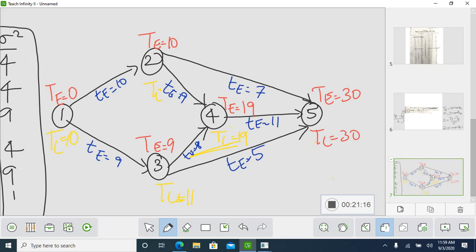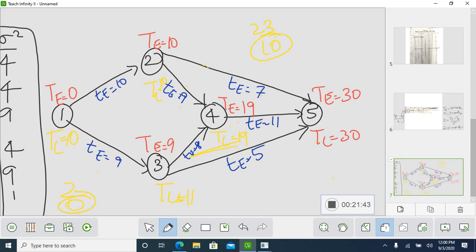11. So next is for 2, you have 2 activities connected to 2. So if you take 30 minus 7, what is the value? 23. 23 is the bigger value. Next is 19 minus 9, 10. So you will take the lowest value, 10. So next, 11 minus 9 is 2. 10 minus 10 is 0.